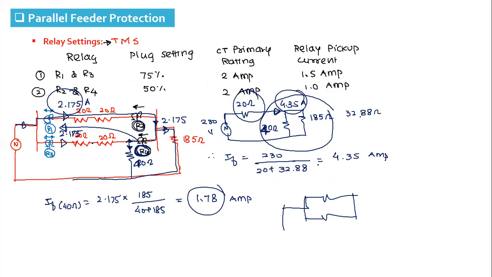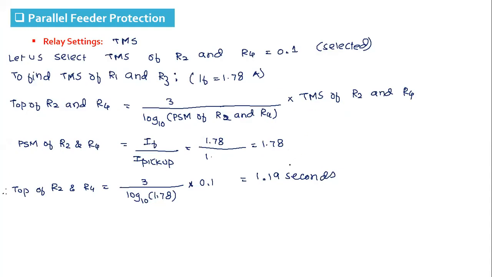So, for this fault here, which is just near the relay, where the fault current through the relay is 1.78, this relay will operate in 1.19 seconds. So therefore TOP of R1 and R3, we can add 0.25 second as a backup relay, and that will be 1.44 seconds for the same fault.